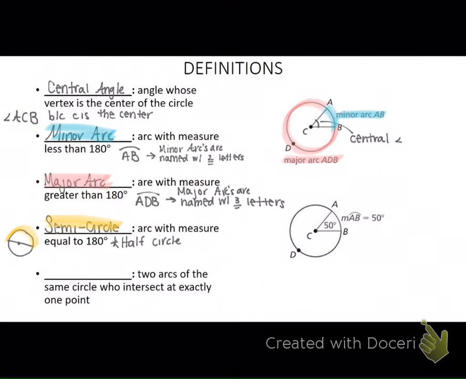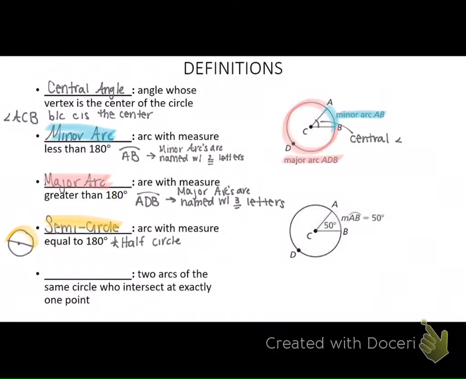Do you see how ADB makes up this whole arc? It could have been BDA as well, but D has to be in the center because when you make this arc, it's in the middle of those two endpoints. Does that make sense? Yeah. So that's also important that you're making sure that middle letter is the middle point on your arc. That's a really good question.